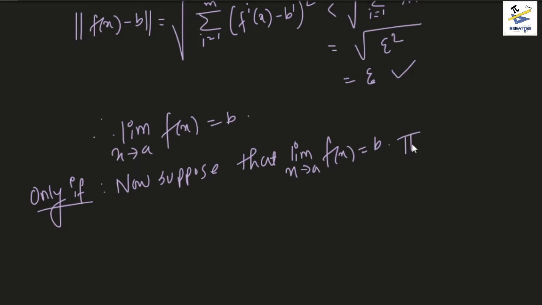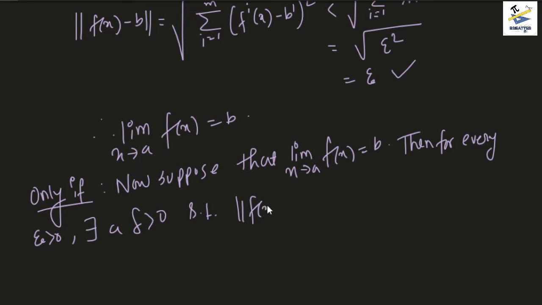Then by the definition of the limit, for every epsilon greater than 0 there is a delta greater than 0 such that the norm of f of x minus b is less than epsilon for all x belongs to A and 0 less than norm of x minus a less than delta, right?